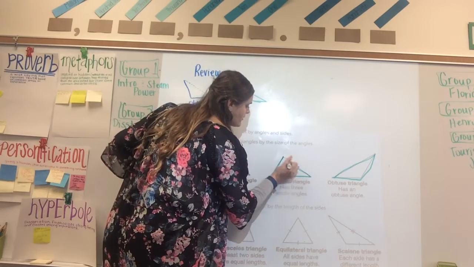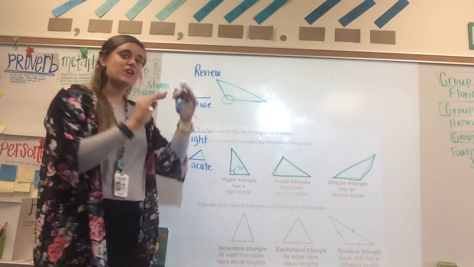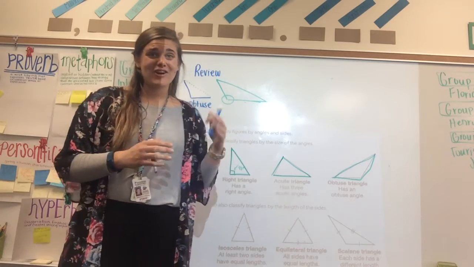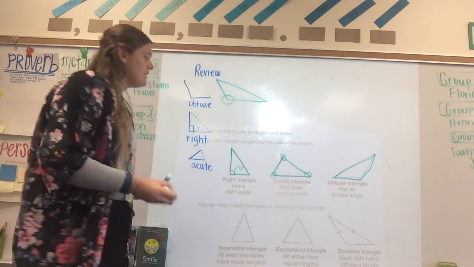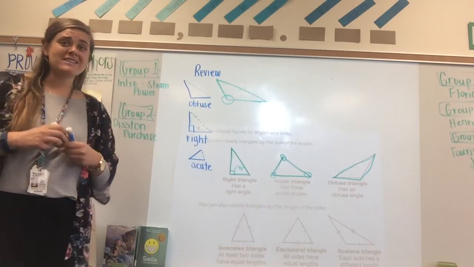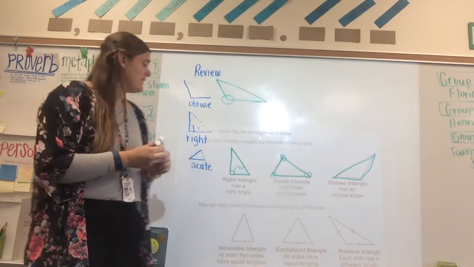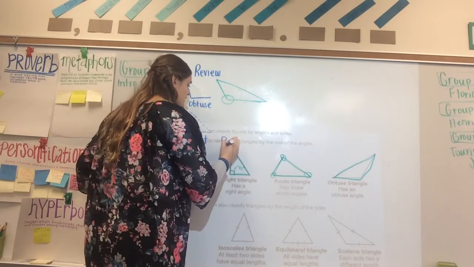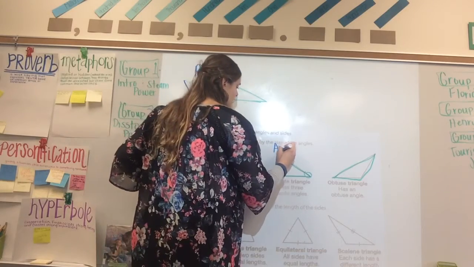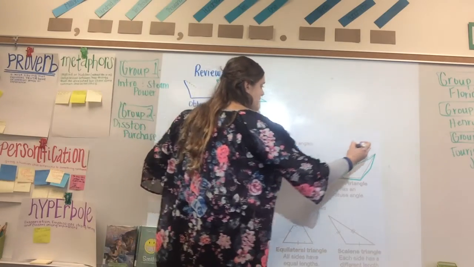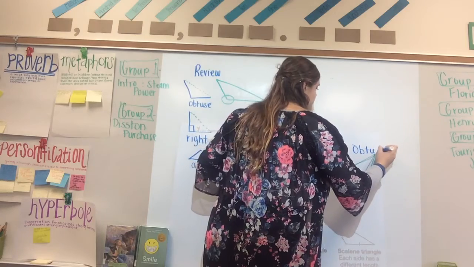All of the angles, if I turn the shape each time, all of the angles are acute within this triangle. So that's called an acute triangle. So you can name triangles in three ways. They can be a right triangle, an acute triangle, and an obtuse triangle.